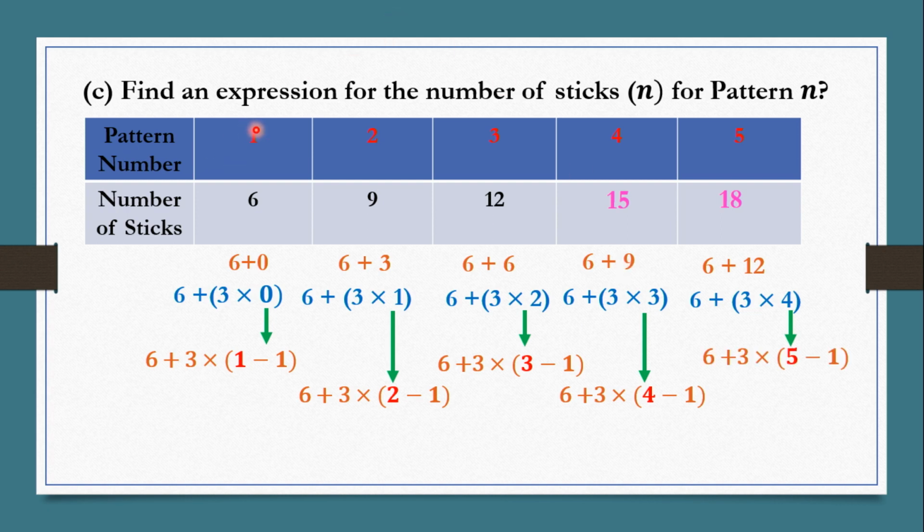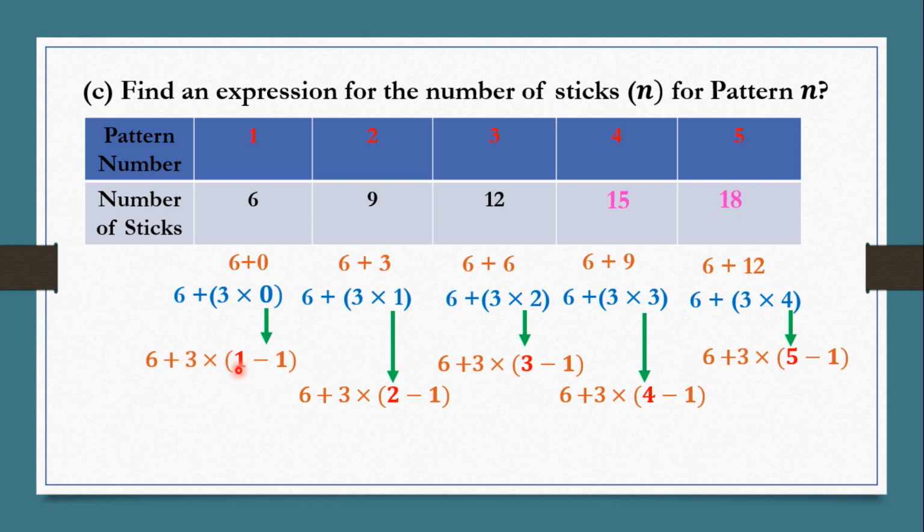You can see once again, the first pattern, number 1 minus 1. Pattern number 2, 2 minus 1. Pattern number 3, 3 minus 1, and so on. So the 6 is going to be constant throughout, plus 3 times. The minus 1 also will stay the same. What is changing is the pattern number.